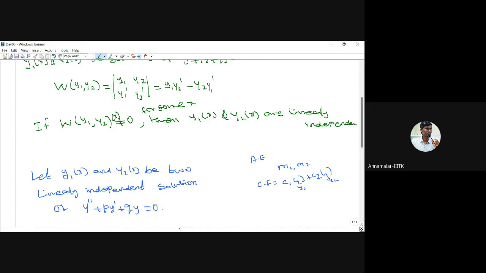Suppose the Wronskian of y1, y2 is 0 for all points x. Then y1 of x and y2 of x are linearly dependent.